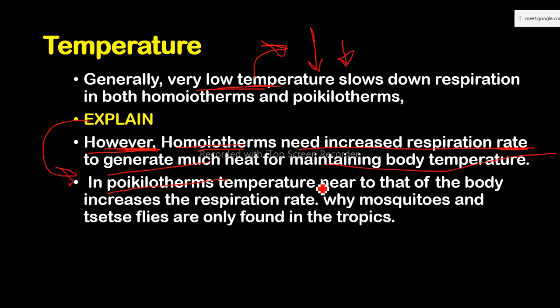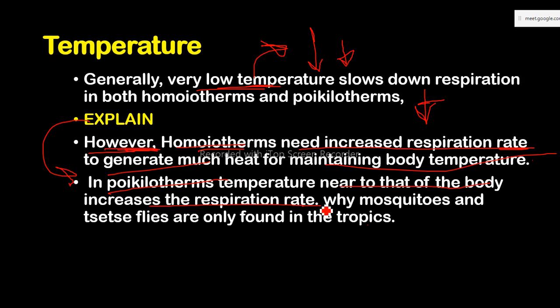They burrow, they hibernate, since they cannot control it. Why? Because when temperature decreases, the rate of respiration decreases. But if temperature increases to nearly that of the body temperature, then the rate of respiration is going to increase.